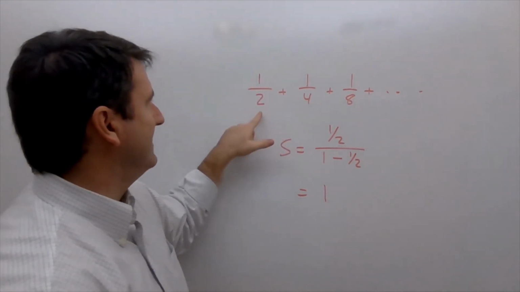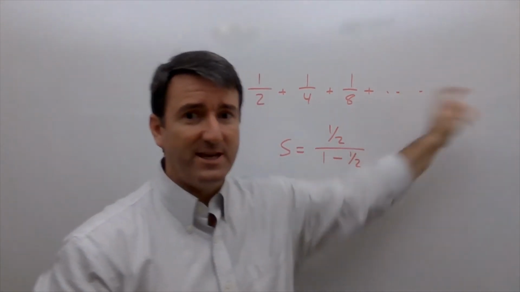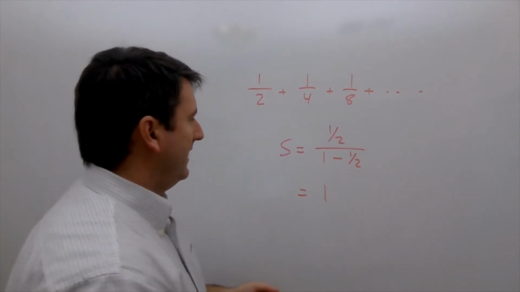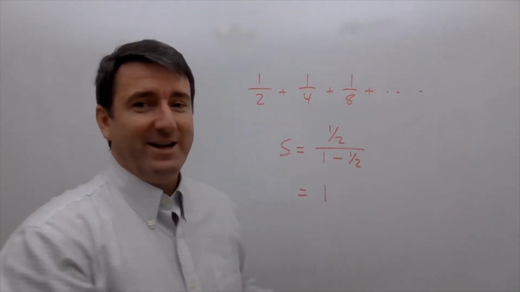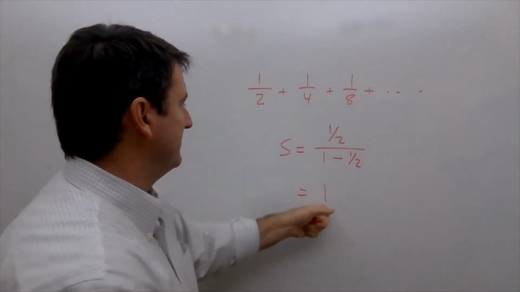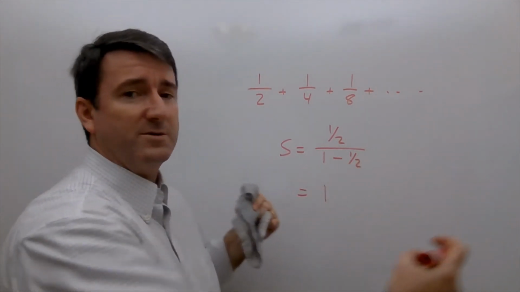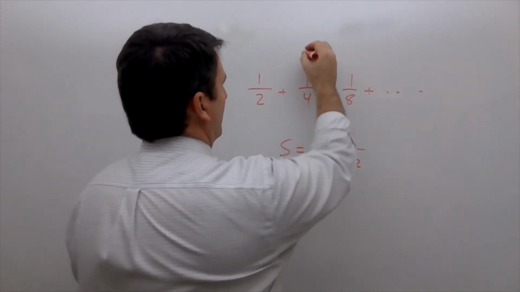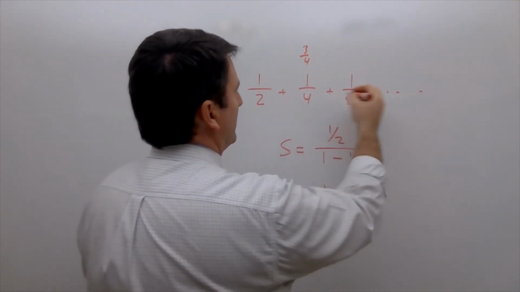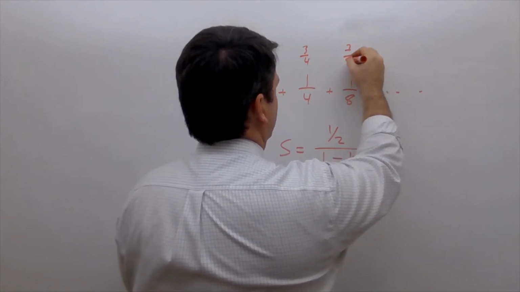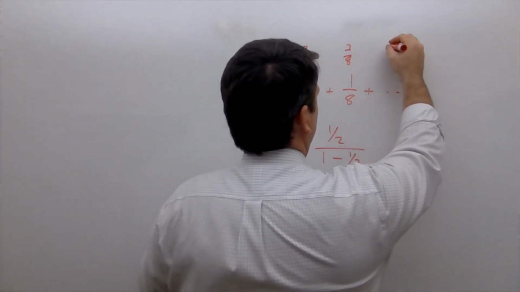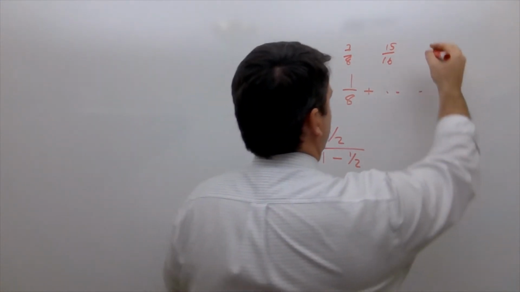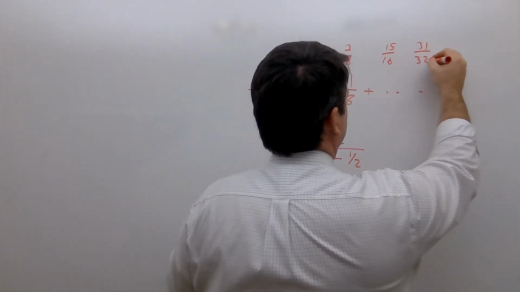So what we're saying is that if you add up all these terms and just keep going to infinity, you're going to get to 1. Or at infinity, it's equal to 1. What's really happening here is that we're getting closer and closer to 1 without ever getting there. 1/2 plus 1/4 is 3/4, plus 1/8 is 7/8, plus 1/16 would be 15/16, plus 1/32 would be 31/32.